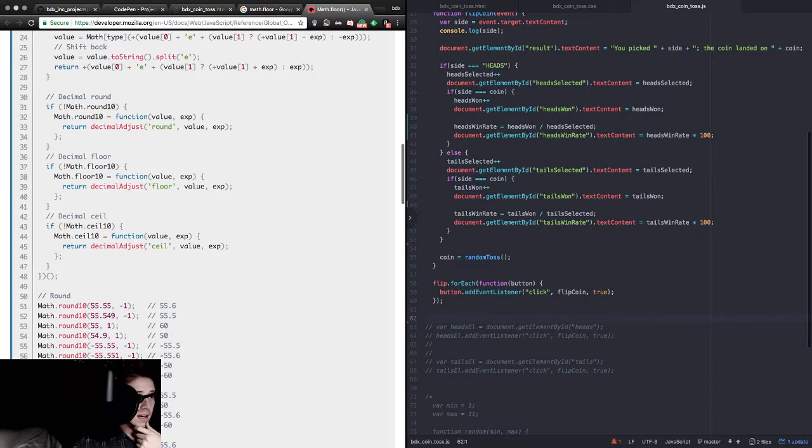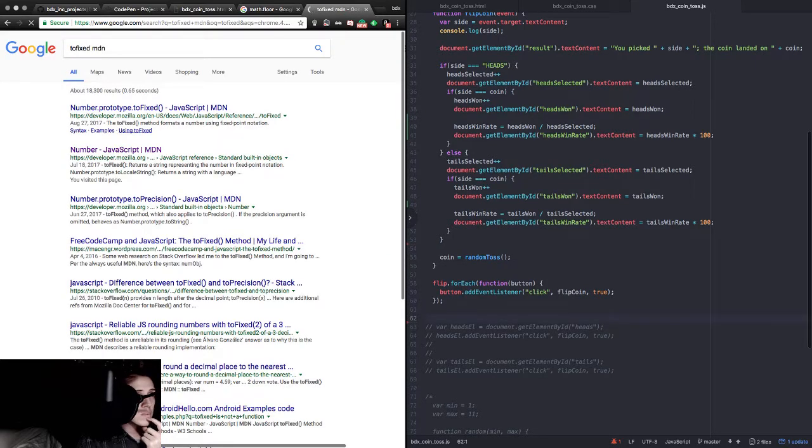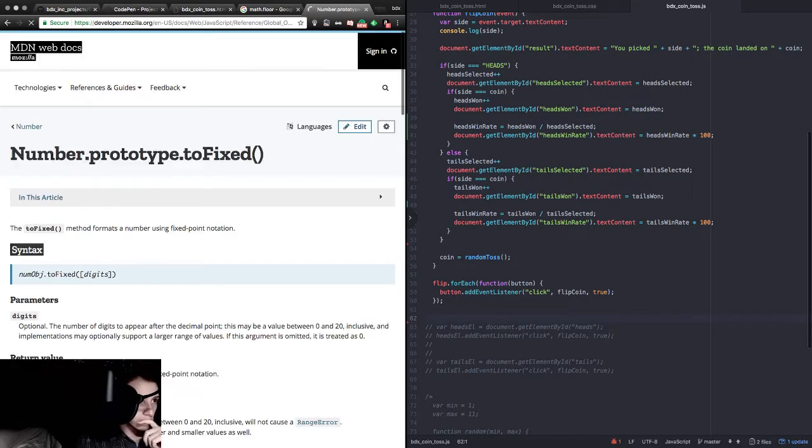Oh, toFixed. Interesting. Let's try googling that. toFixed. Number toFixed JavaScript.